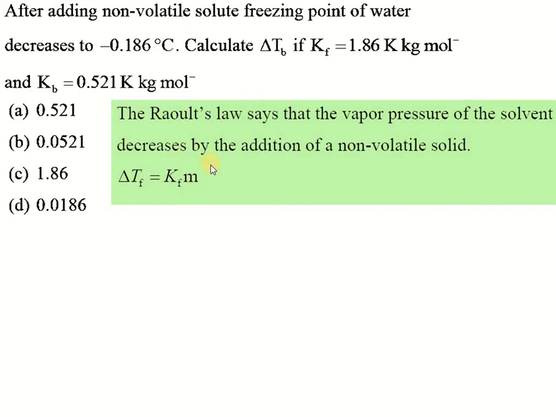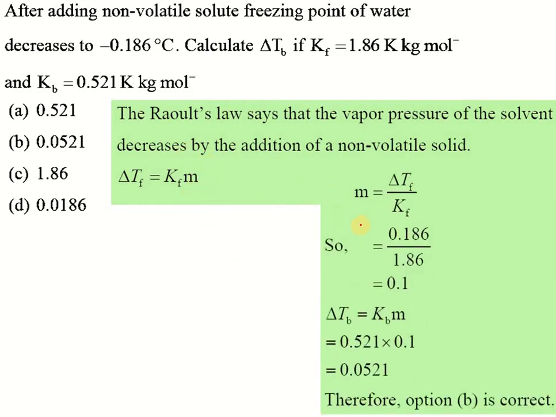From this expression, m equals delta Tf by Kf, and we got molality as 0.1. That 0.1 molality is substituted in the delta Tb formula, and we got delta Tb as 0.0521. So option B is the right option.